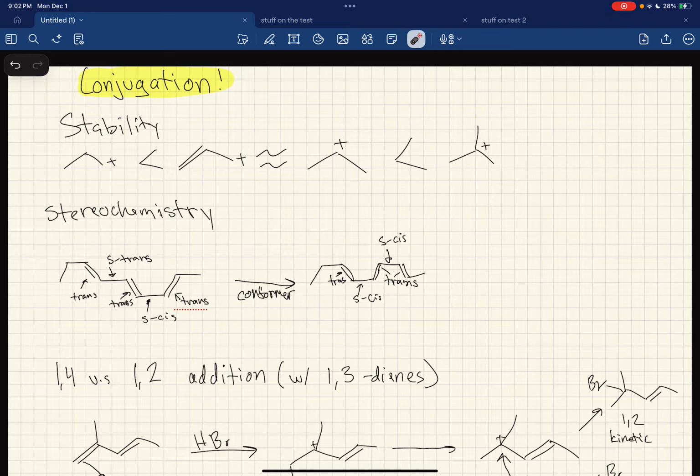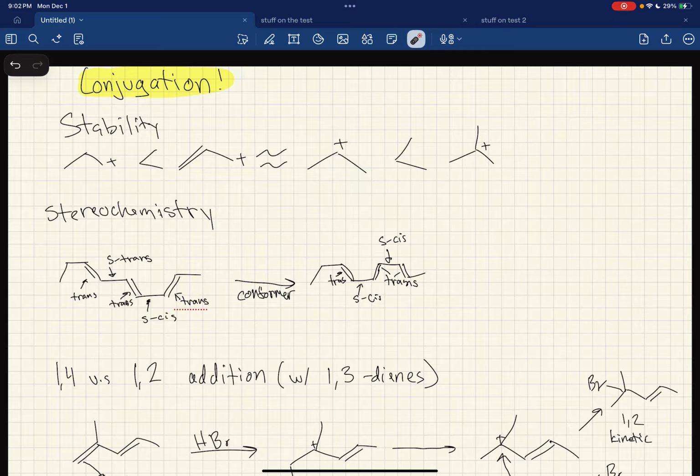So to start, I'm going to go back. Chapter 14, I'm going to read off the concepts. Recognize patterns of resonance and be able to draw correct resonance structures with correct arrow pushing and identify the major and minor structures. This was already talked about in the past on the first test.